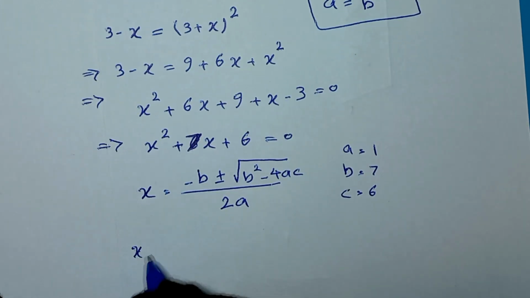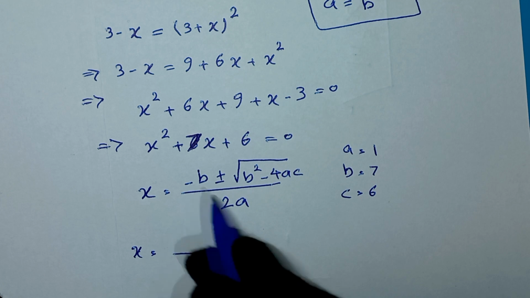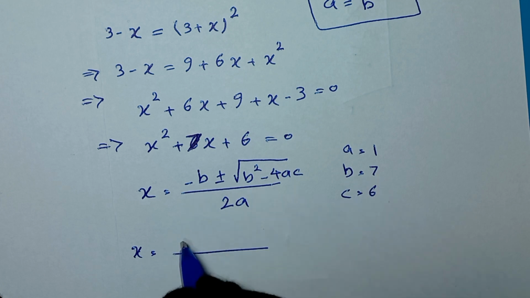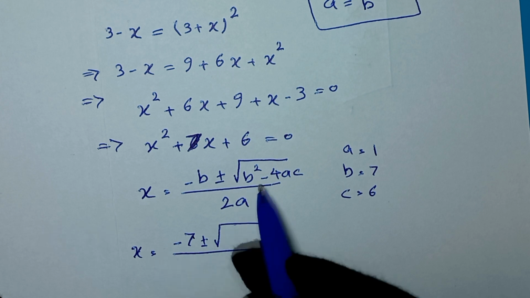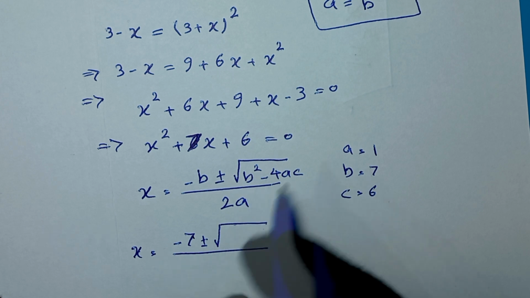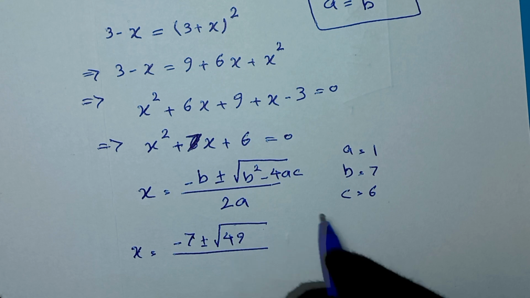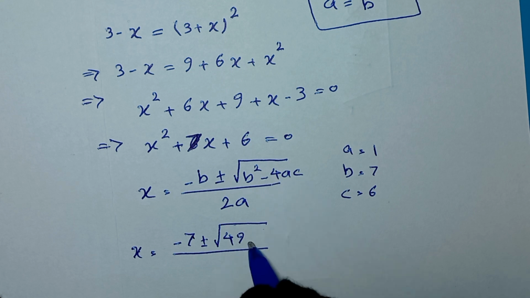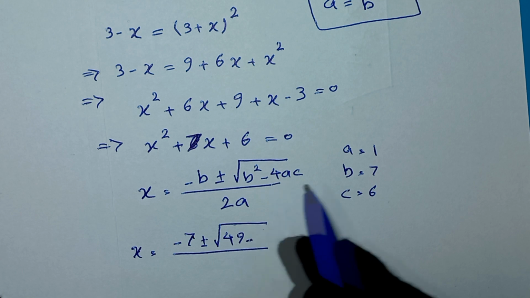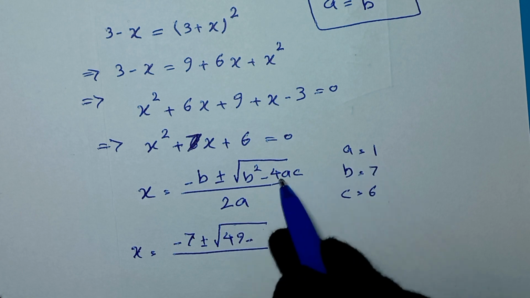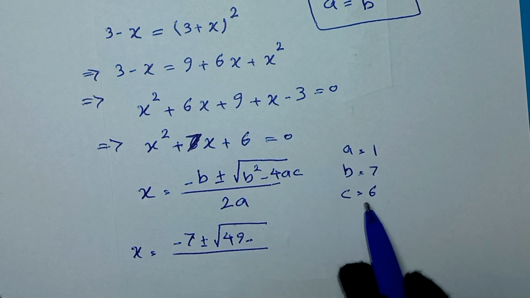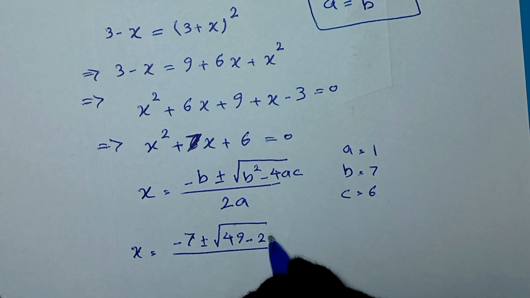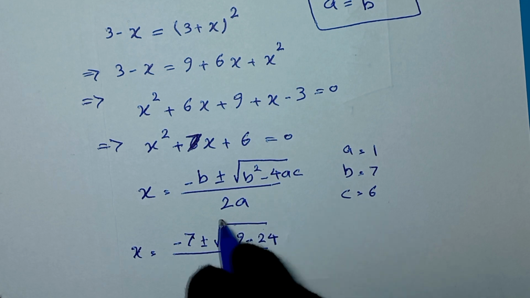So in here x is equal to negative b, negative 7, plus or minus b squared is 49, minus 4 times a times c, 4 times 1 is 4, and times 6 is 24, over 2 times a.